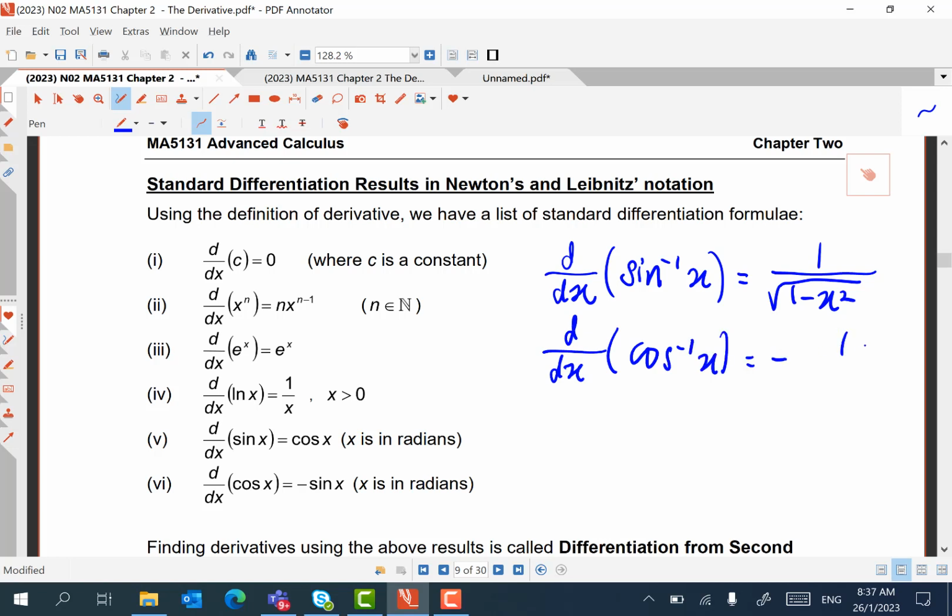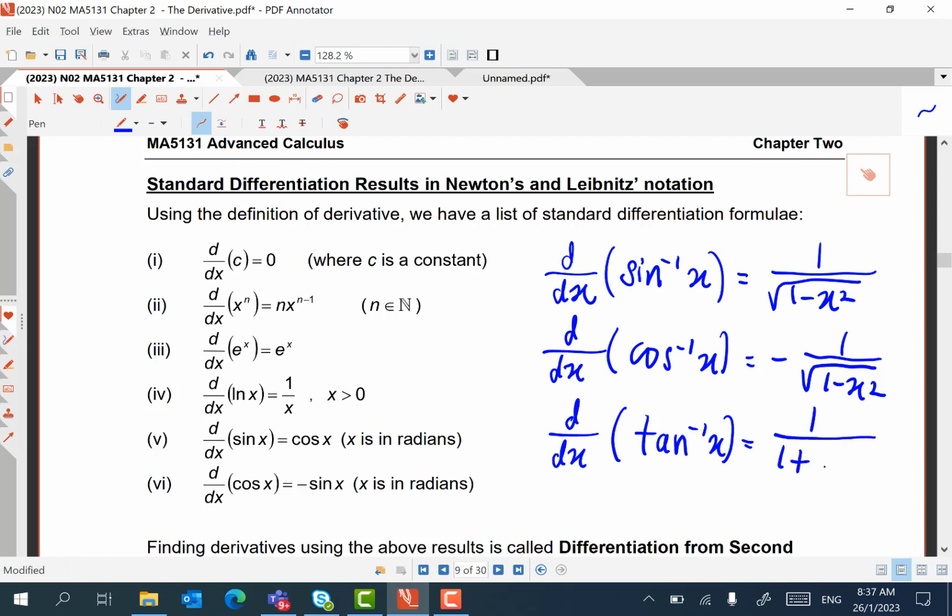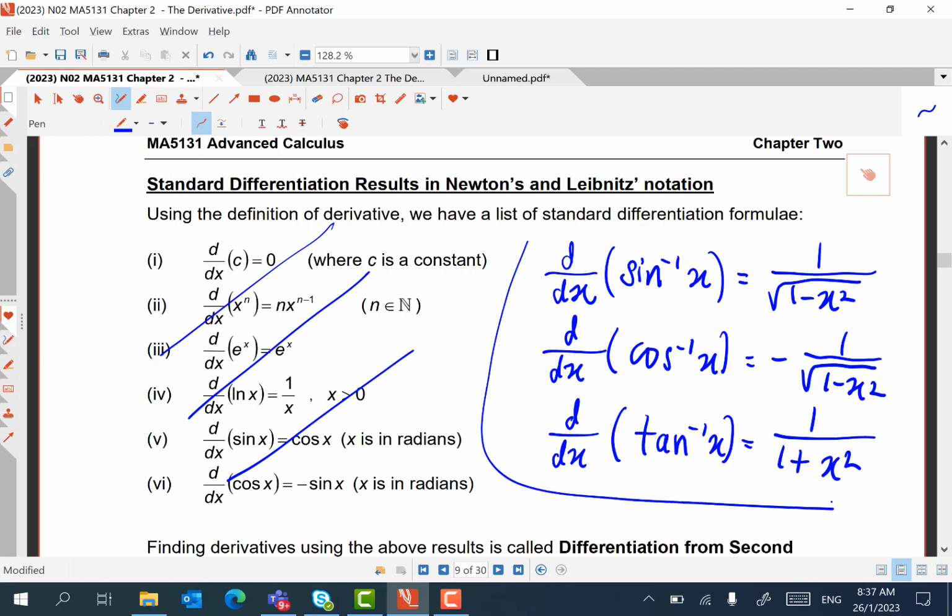Not bad. Ryan is the guy who remembers things. Good memory. 1 over 1 plus x squared. You have to memorize, no? For the A level exam, they are given a formula booklet where they don't give you this side, but they give you this side.